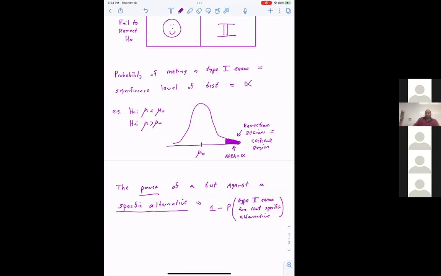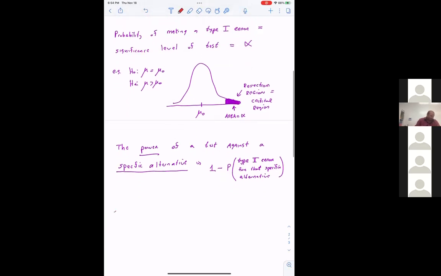Every possible alternative has a power associated with it. The power of the test against a specific alternative is 1 minus the probability of making a type 2 error for that specific alternative. So let's do an example of this. So here we have an example.